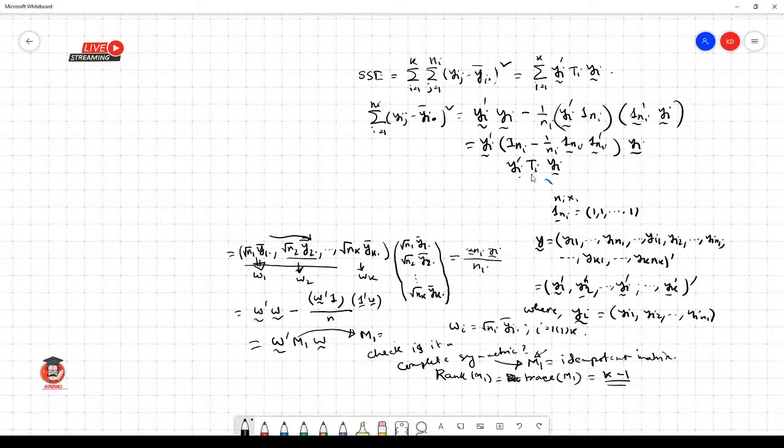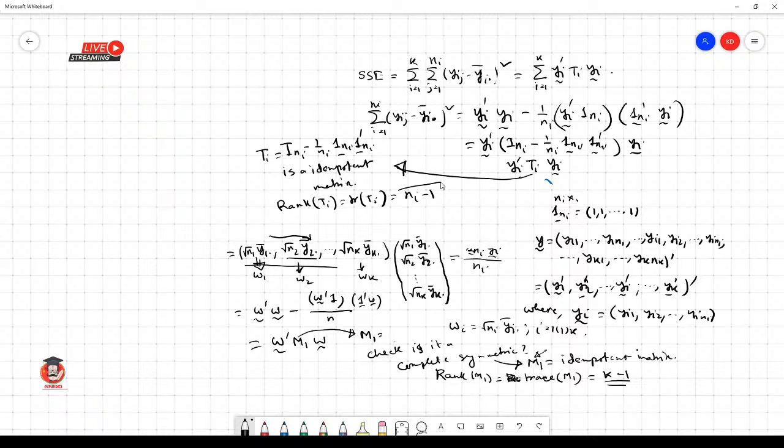We can easily see that this Ti is an idempotent matrix and rank of Ti equals trace of Ti, which is equal to ni minus 1.